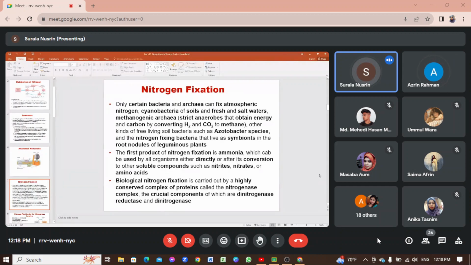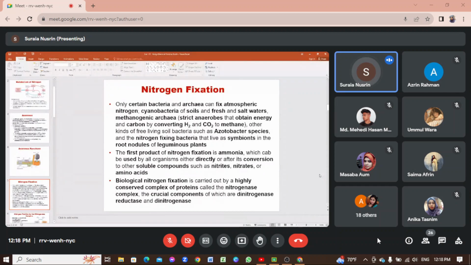Okay, there are other bacteria as well. Those are mainly soil bacteria. Examples are Azotobacter species, and then there are nitrogen fixing bacteria which live as symbionts in the root nodules of leguminous plants. Some plants have nodule like structures in their roots, and within those nodules there are nitrogen fixing bacteria.